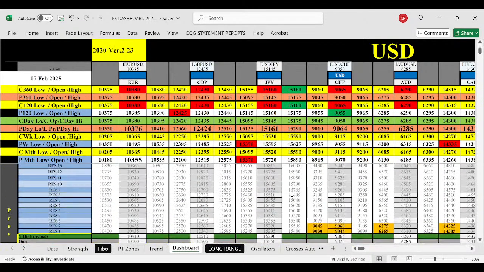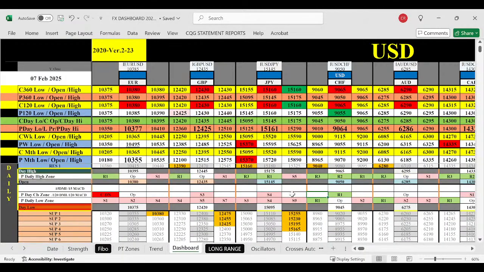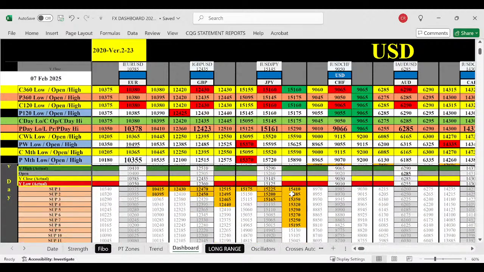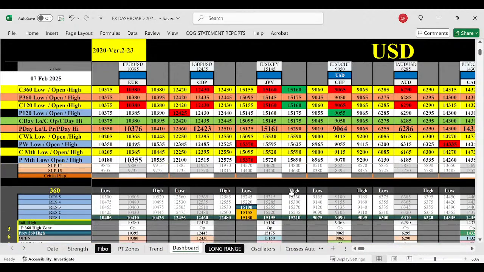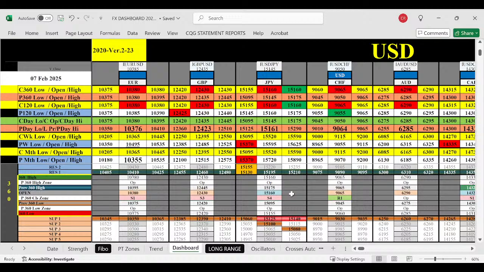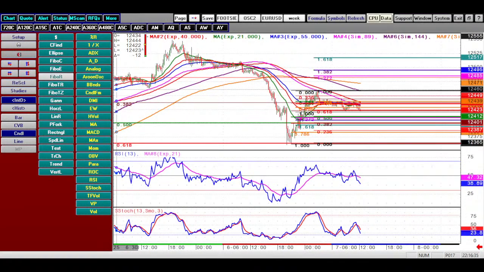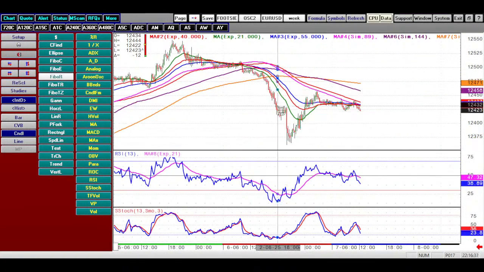Okay, I think at 15220 there is a strong resistance. So I think we should be exiting before 15205 or 15220. Okay, so let's see what the chart is telling us.